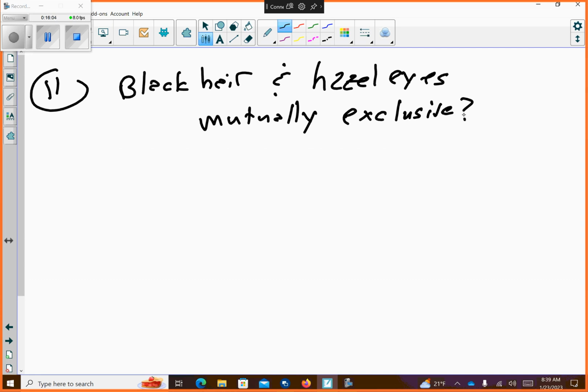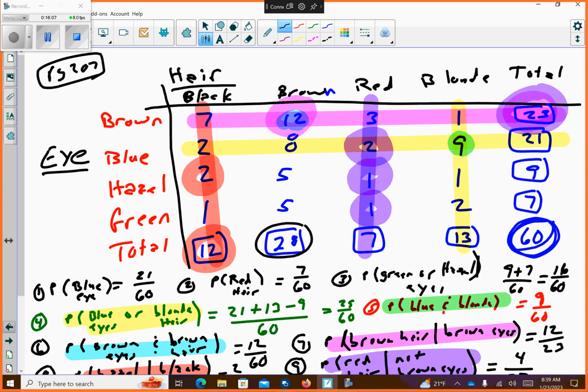What you do on this one is you take a look at your graph. If I went to the black hair aisle here, are these the only people who have hazel eyes, or do hazel eyes also occur in other areas? I think they occur in others. You can have brown hair, red hair, and blonde hair and have hazel eyes. So are they mutually exclusive?